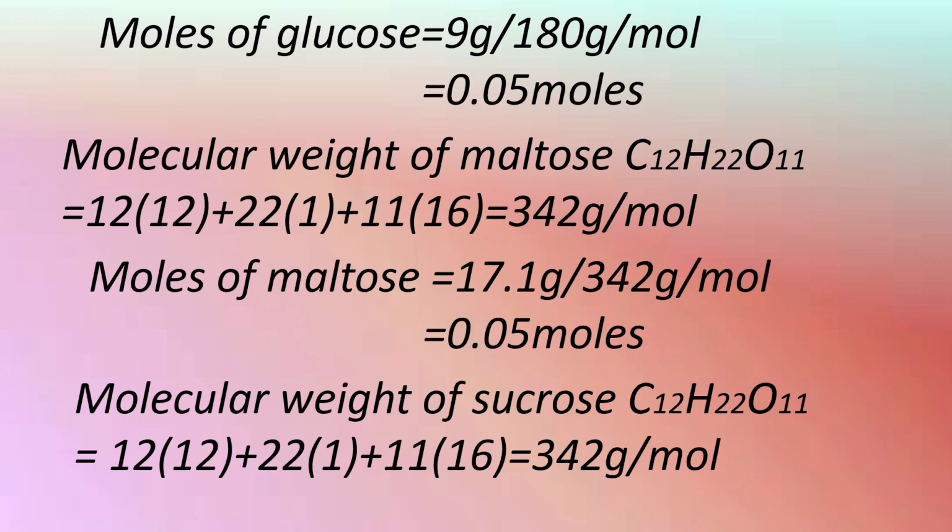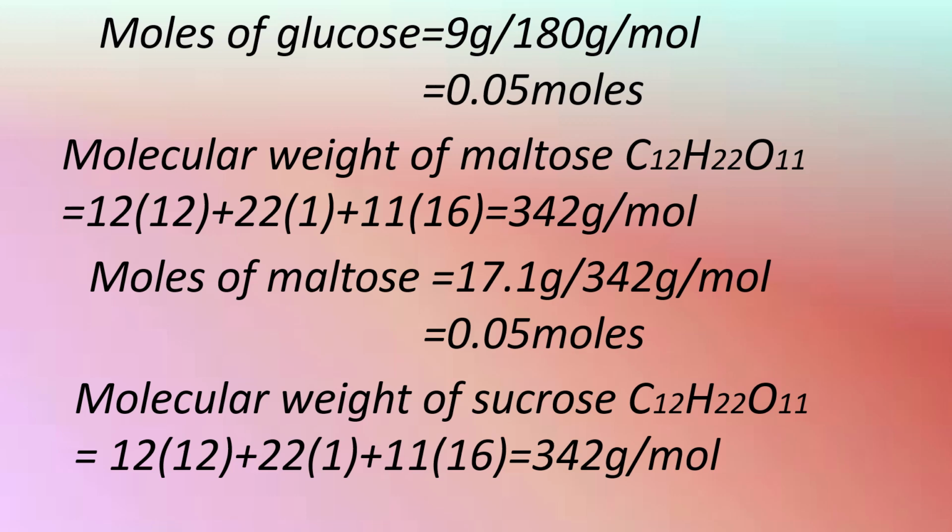Now we have to calculate molecular weight of maltose. C12H22O11: 12 is the number of carbon atoms into 12 is the atomic weight of carbon, plus 22 is the number of hydrogen atoms into 1 is the atomic weight of hydrogen, plus 11 is the number of oxygen atoms into 16 is the atomic weight of oxygen.